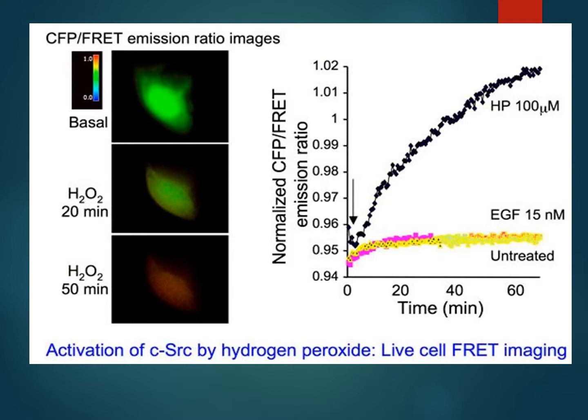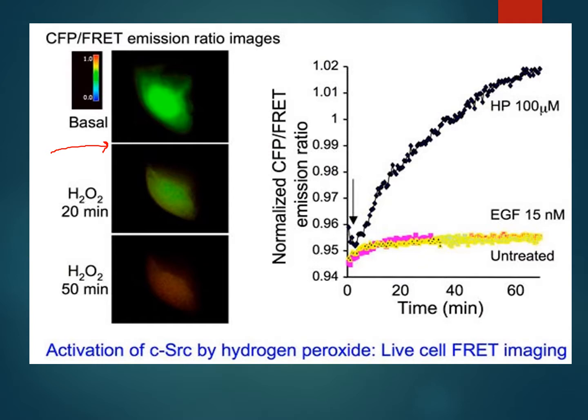So this is a FRET, and you see that under certain conditions, it looks like they're activating SRC with hydrogen peroxide, and you're looking at live imaging of the cell, and then I guess they add the hydrogen peroxide at T0, and at 20 minutes, it shouldn't be hard to see.